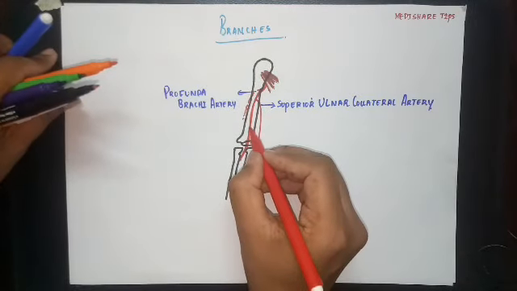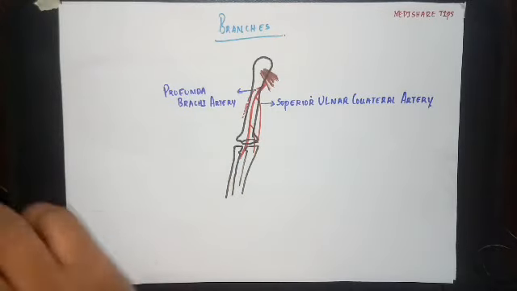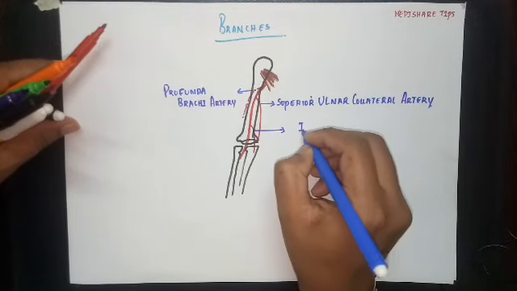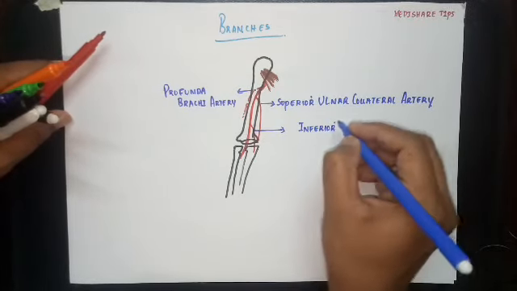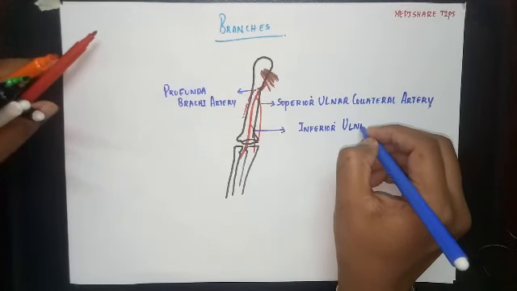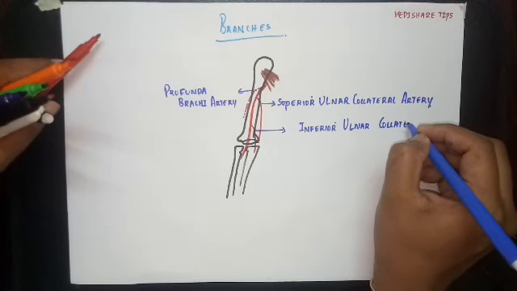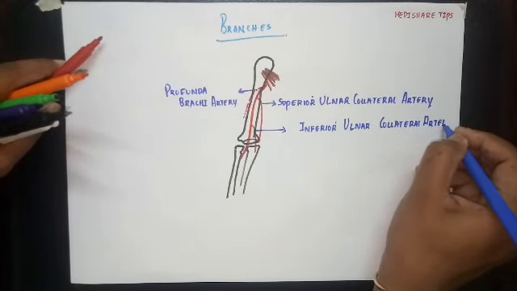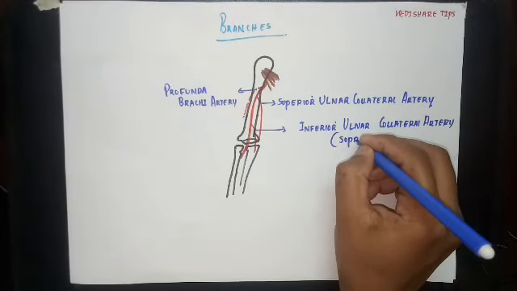In the lower part of the arm, it gives another branch which is known as the inferior ulnar collateral artery. And the inferior ulnar collateral artery is also known as supratrochlear artery.